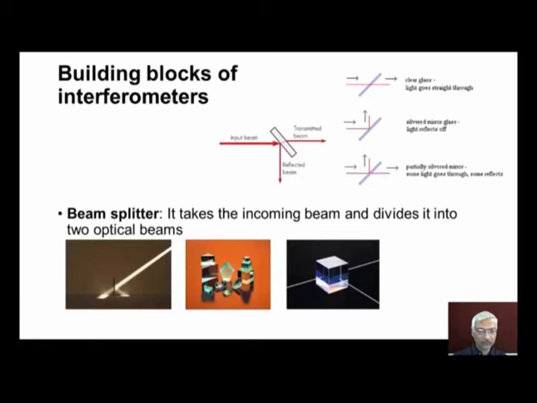Now you can see some of the commercially available beam splitters. A glass plate, which is partially silvered, and glass cubes are also available. So incident light is partly allowed to pass and partly reflected.